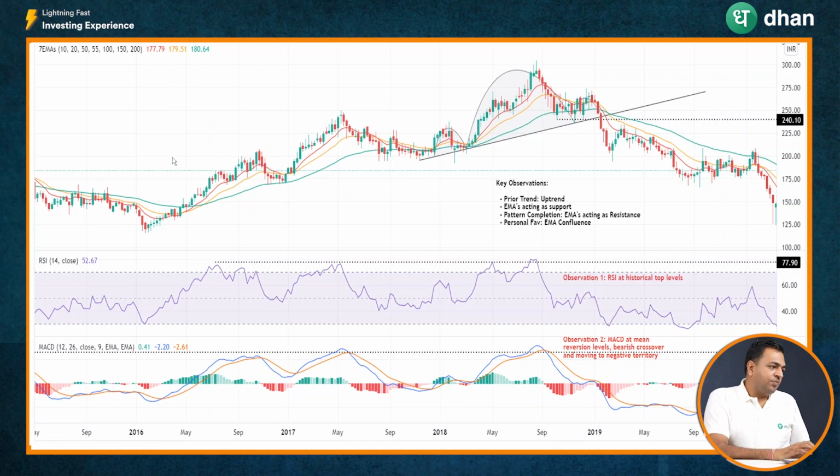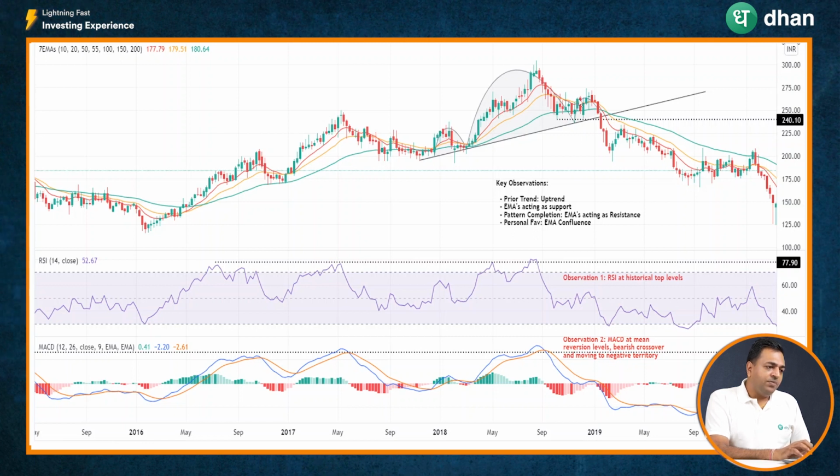In this example on my screen, I have made it slightly more interesting. If you are able to see, I have plotted a dotted line on the RSI which is indicating that whenever the RSI touches a level of 75 to 80, it comes back down and cools down. And this has happened historically over a long period of time.